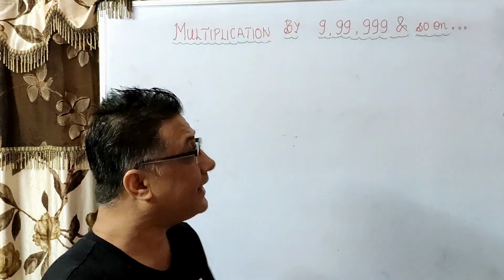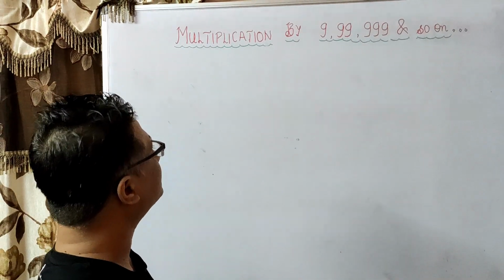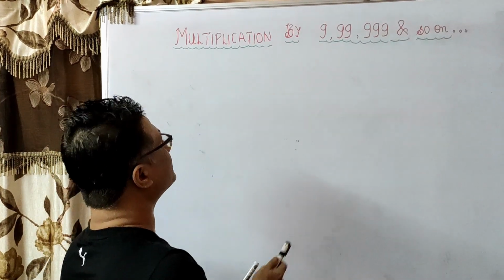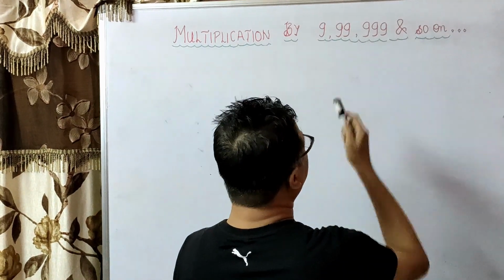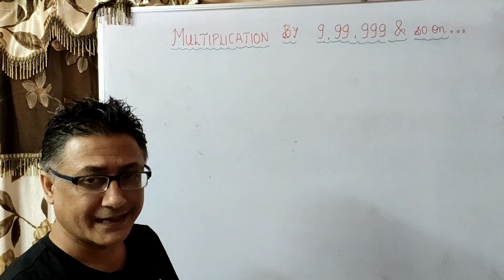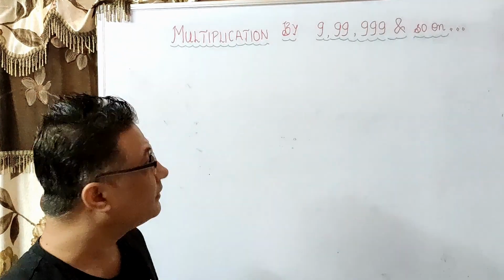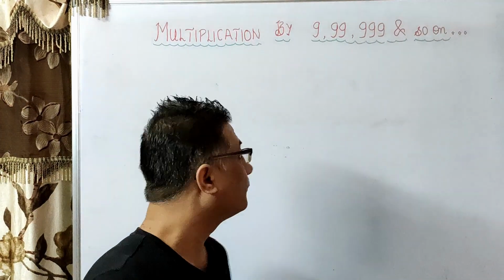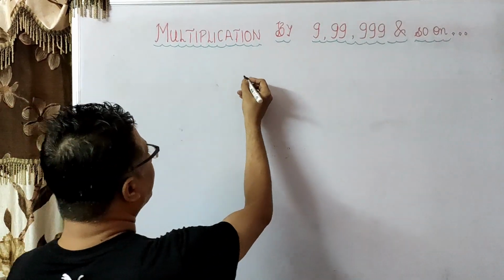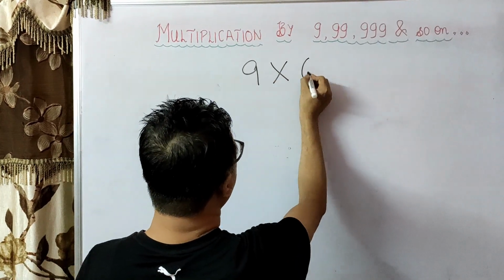So today, while we are starting this series, we have chosen a special topic, that is multiplication by 9, 99, 999 and so on. So let's start with multiplication by 9. Now let's say that you have to multiply 9 by 6.